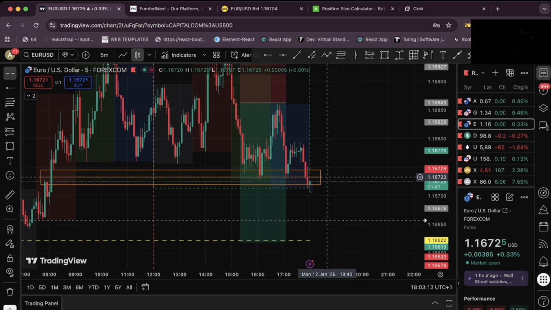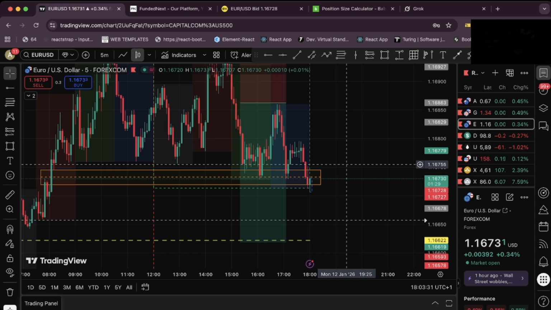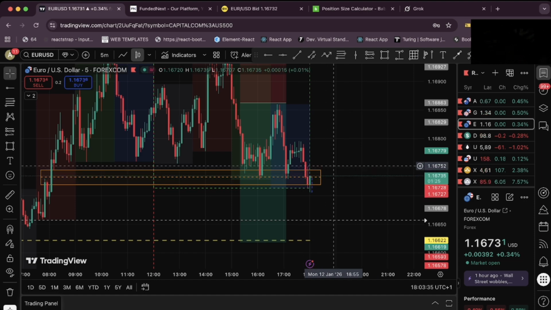And now price managed to break it after a series of trial and error. It only makes sense that they should hold it as resistance for the bulls, and for the bears it should be support for us. So I think it's a good thing, and the reason why I did that is because if price decides to start going up now, there's no need for us to keep on holding that position.